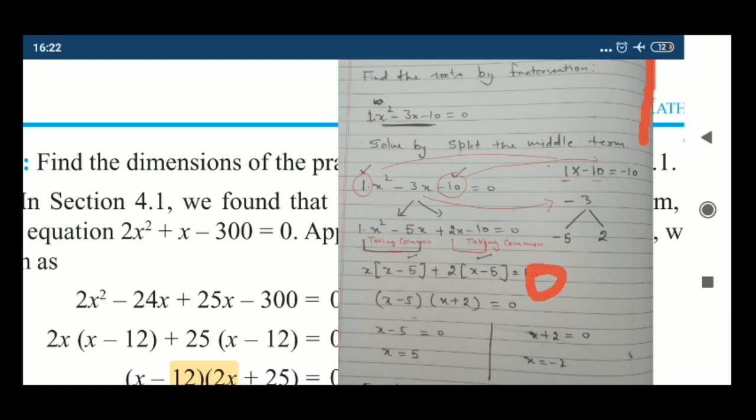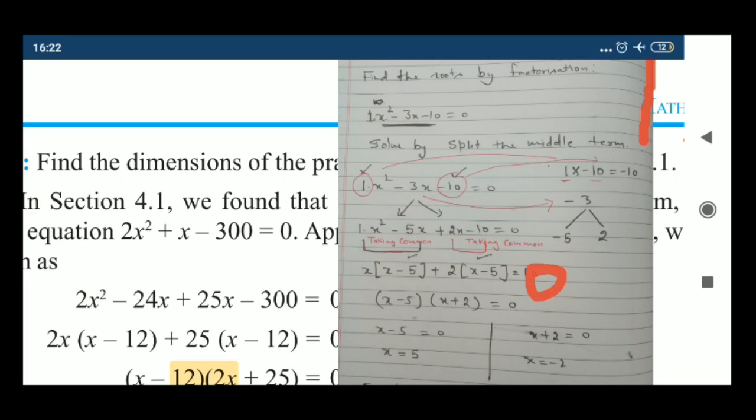Now x minus 5 is again common, and what is left? x plus 2, which is equal to 0. Now we have two factors of the above equation, and the factors are x minus 5 and x plus 2 equal to 0.